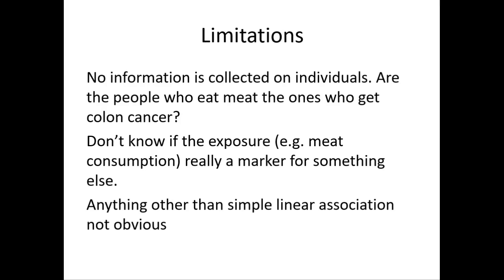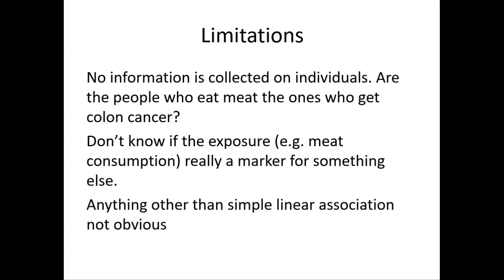So the first limitation is really about not having information collected on the individuals. In that example, it was all country-based aggregate information, and we actually didn't know if the people who ate meat were the ones who got colon cancer. We also don't know if the exposure, in that case meat consumption, might really be a marker for something else. The way you would say that is perhaps meat consumption is also associated with smoking.